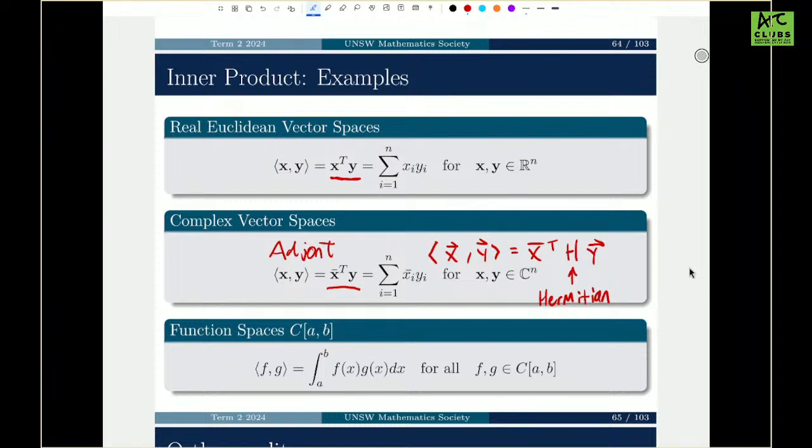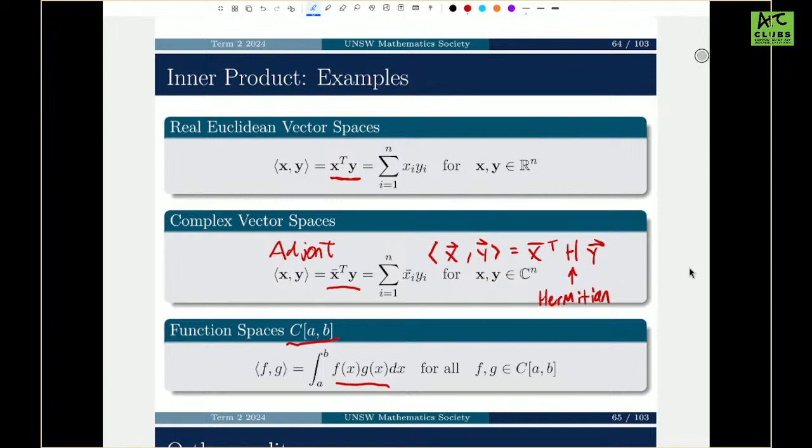We can also define inner products for function spaces. If you want to take the inner product of two functions, assuming they're continuous functions defined on the interval [a, b], you can just integrate from a to b. It's the integral of f(x) g(x) for all f and g in C[a, b]. This shows that inner products are kind of arbitrary, you can define them however you want.